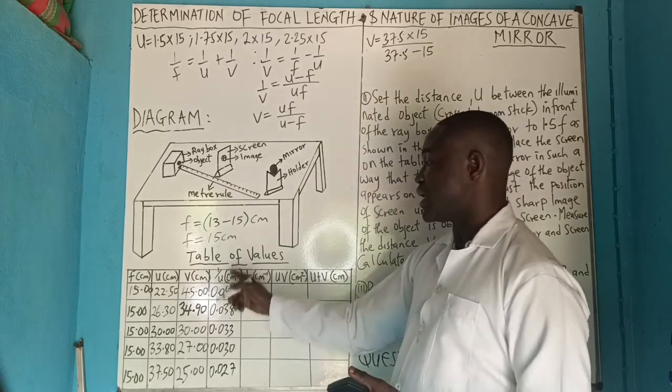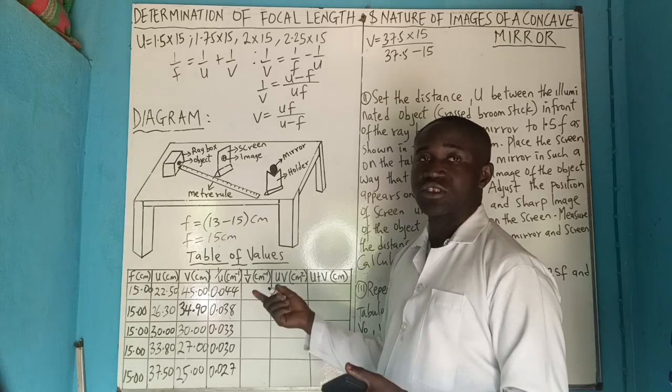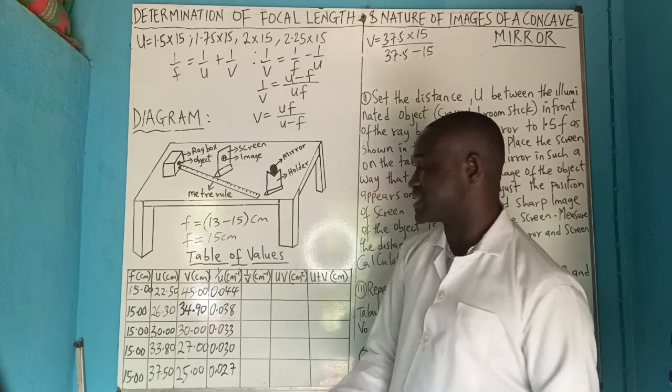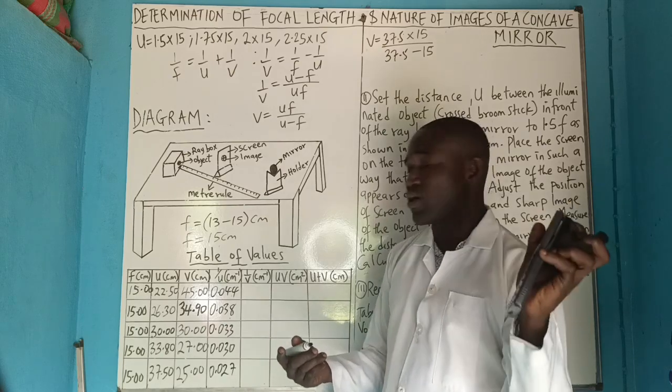Okay, we have gotten the inverse of U. For inverse of V, it still doesn't have reading accuracy. That is, you don't get it from a measuring instrument, you get it from calculation.